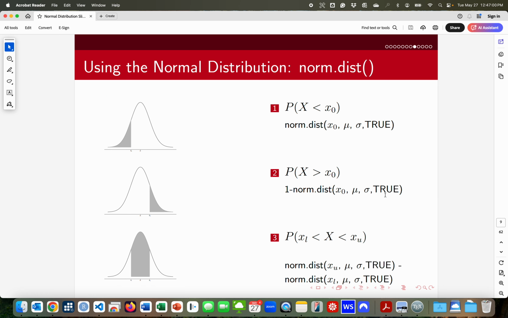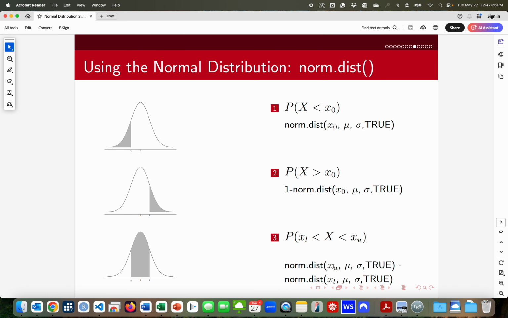And the last thing we can do is find the probability that x falls between 2 values. So what is the probability that x falls between some lower bound and upper bound? Since Excel by default tells us the probability that x is less than something, we find the probability that x is less than the bigger number, and then we subtract the probability that x is less than the smaller number.